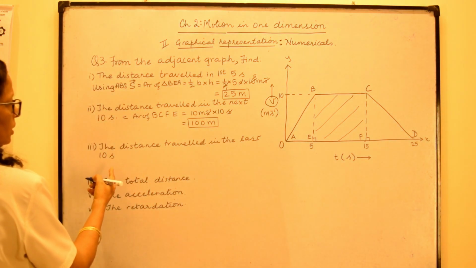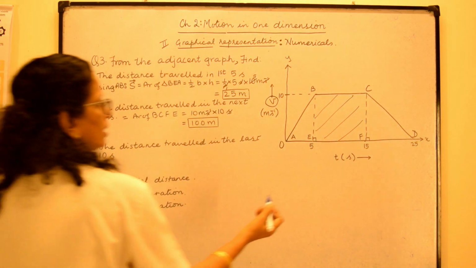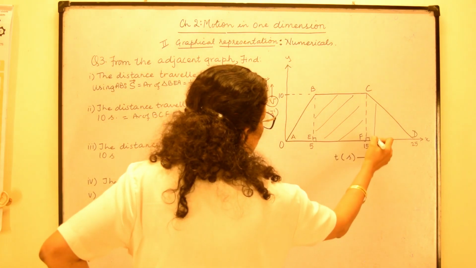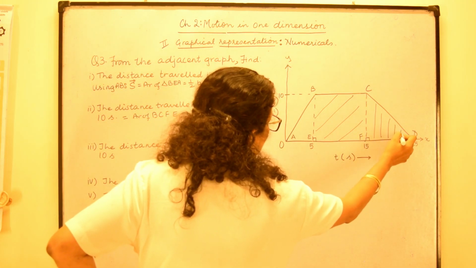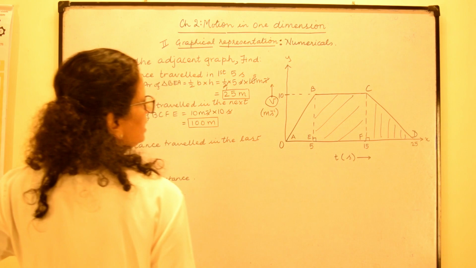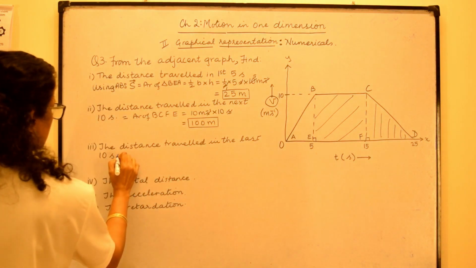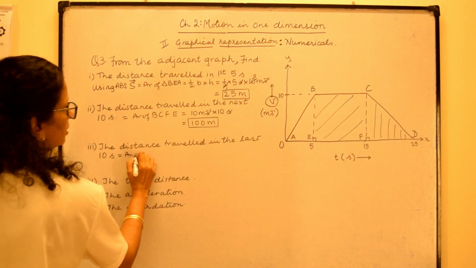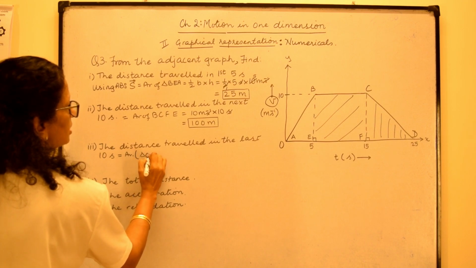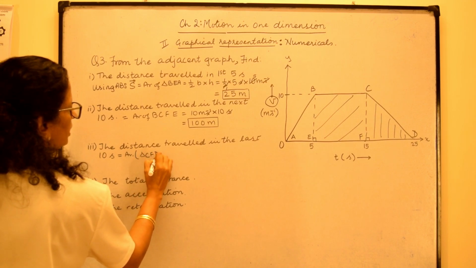Now we come to the distance travelled in the last 10 seconds. Last 10 seconds will be the area of triangle CFD. So we will say that will be area triangle CFD.